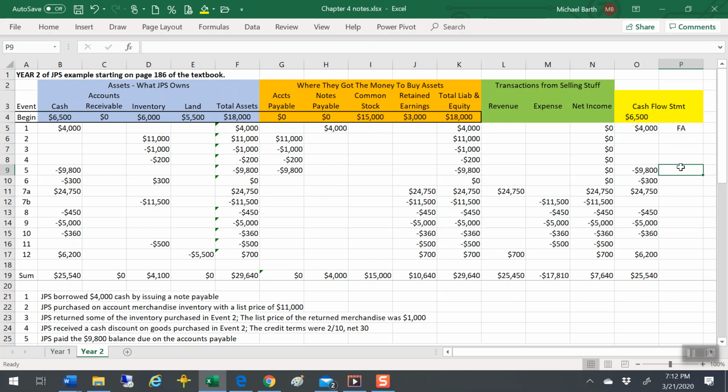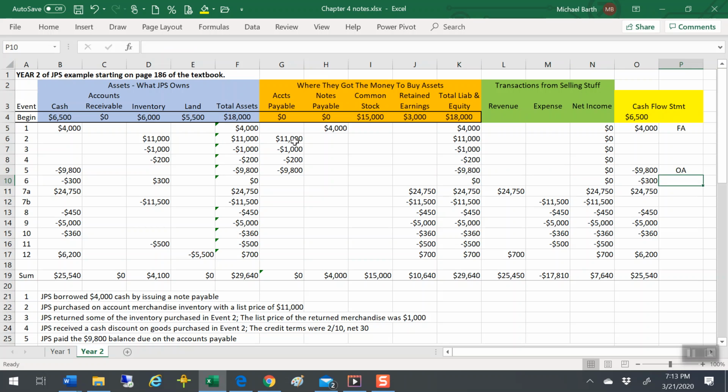If we're looking over here, rather than look at all the individual transactions, let's get to the cash flow where we paid net $9,800 for the 11,000 account payable, but we gave back 1,000 of it, so we only owed 10,000. Oh, and we got a $200 discount, so I only had to pay $9,800. That's an operating activity.